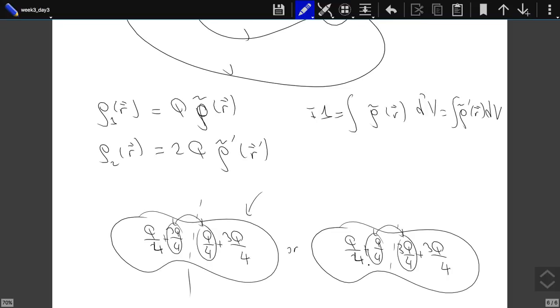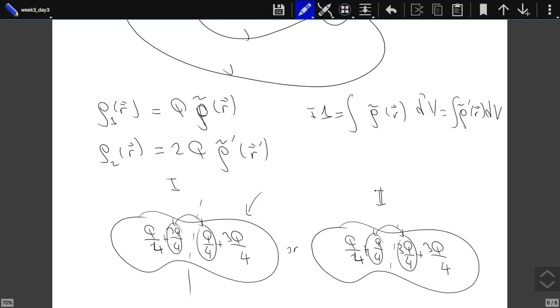The second additional charges also take this distribution. The net electric field would be 0. We have also a static. So your claim is the first case or the second case is more likely? They will be the same distribution.